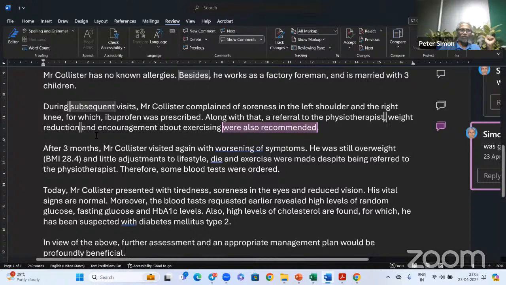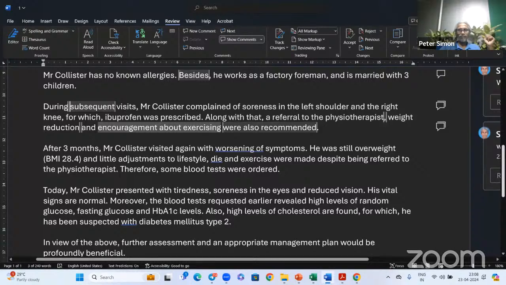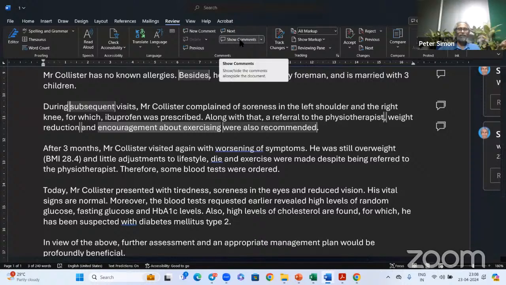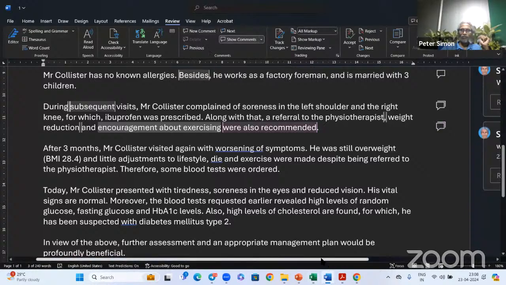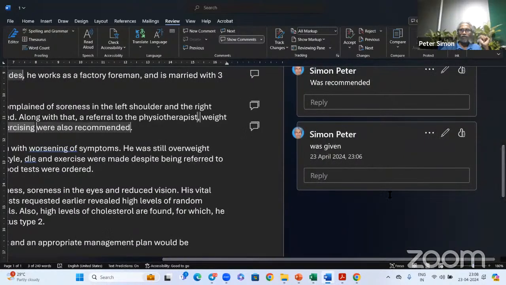You can just say exercises were encouraged. Finish. Why encouragement and recommended? Encouragement about exercises was given. Why? Exercises were encouraged. You can write simple like that. So what we can do is we can remove this full stop.